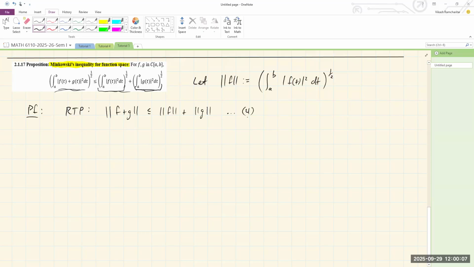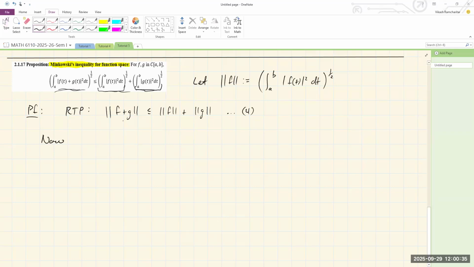So let me call this inequality 4. The only little trick you need to remember is how to start, and that is very easy. If I want to prove this inequality, I could either take the left-hand side and show it's less than or equal to the right-hand side, or take the right-hand side and show it's less than or equal to the left-hand side.